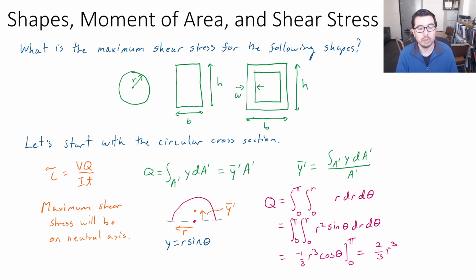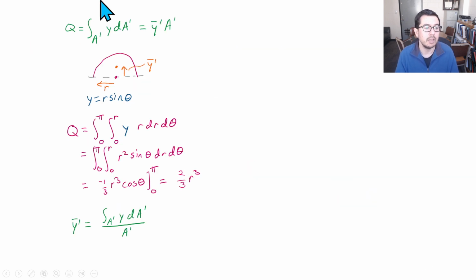So we have y equal to r sine theta, and we then perform this integration, and we get that Q is going to be 2/3 r cubed. Now, let's keep going. We've done this integral, and we want to say, okay, what is the y bar prime?